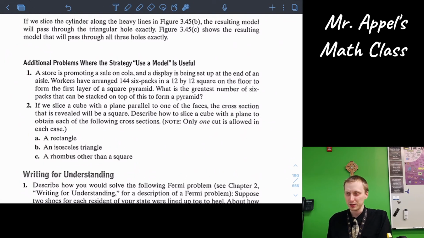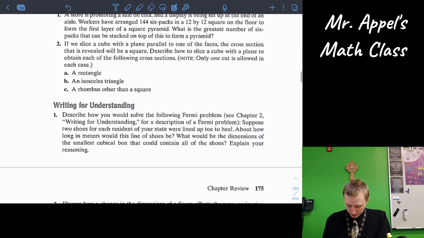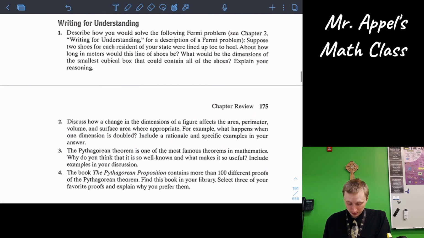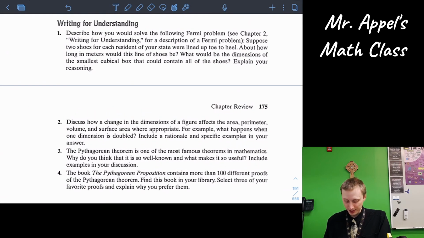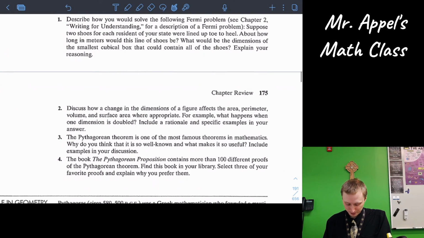Go ahead and pause and read through those there. The thing I would like to share with you before we go, there's also a few other writing tasks. You can pause and read those at your leisure.